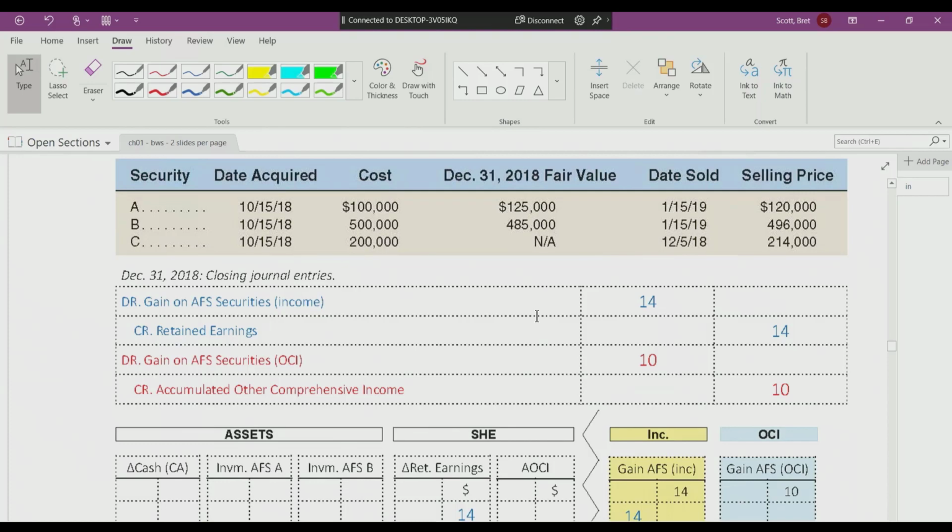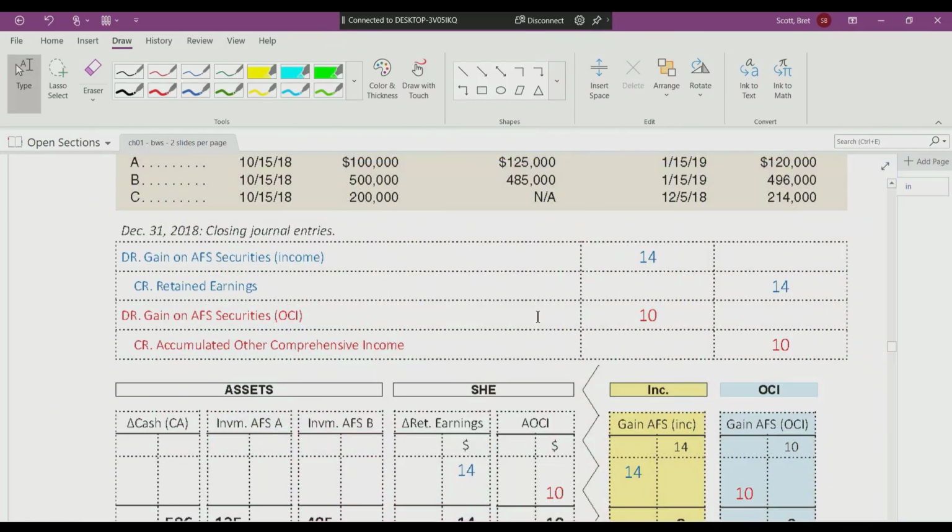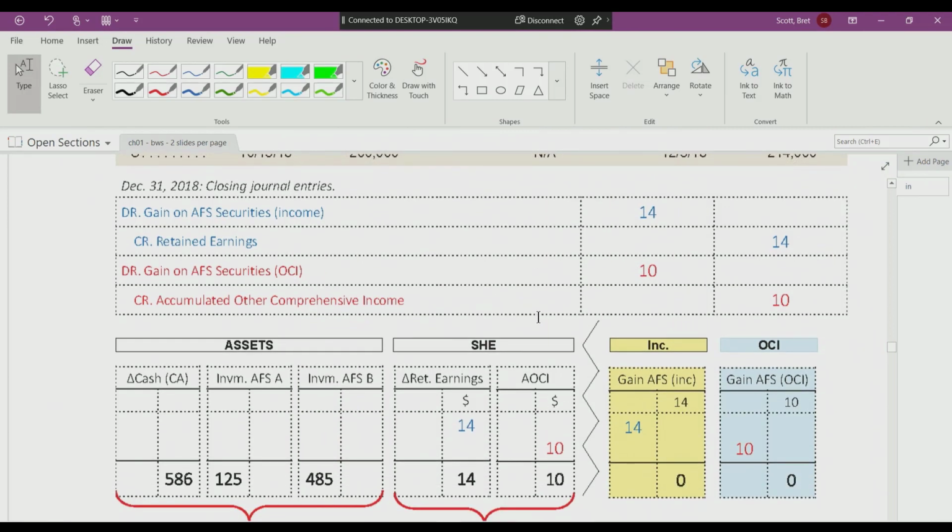It's somewhat similar to what you've seen, but in this case, we have to look at our income statement accounts and our OCI accounts and close those out into separate accounts on the balance sheet. The gain on available for sale securities that shows up on the income statement above net income still gets closed out into retained earnings. But the $10, or the $10,000 in this case, that's in OCI, we don't show that in net income.